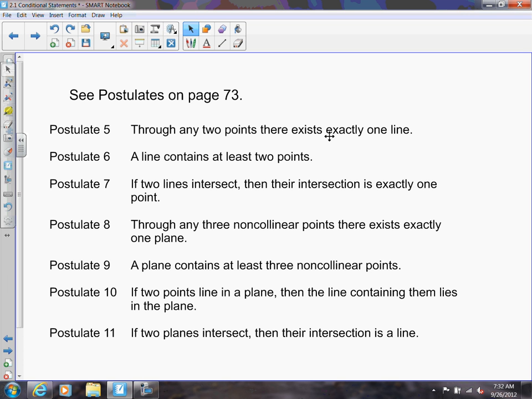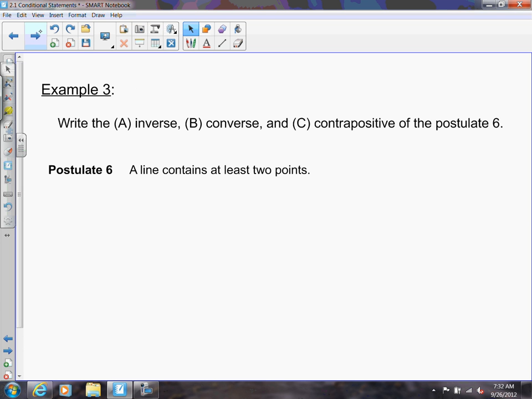But these are the ones we go with in Euclidean geometry, and you'll need these from here. Write the inverse, the converse, and contrapositive of postulate 6.